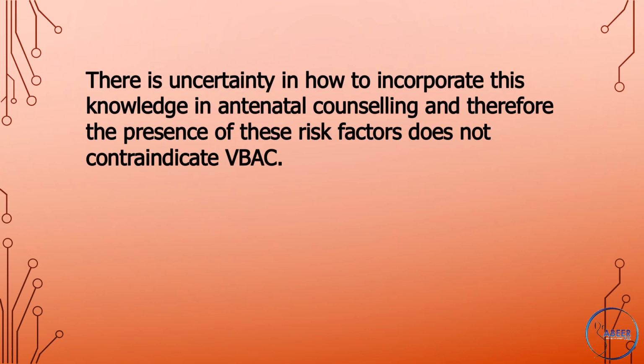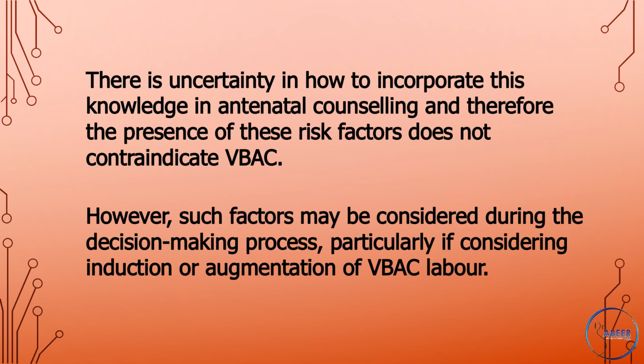There is uncertainty in how to incorporate this knowledge in antenatal counseling, and therefore, the presence of these risk factors does not contraindicate VBAC. However, such factors may be considered during the decision-making process, particularly if considering induction or augmentation of VBAC labor.